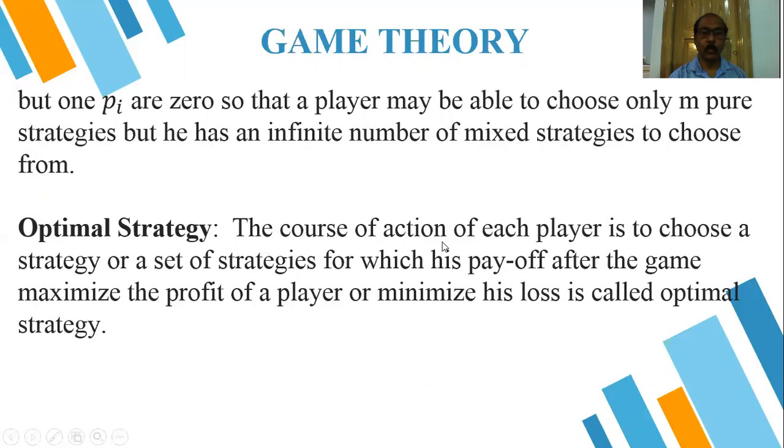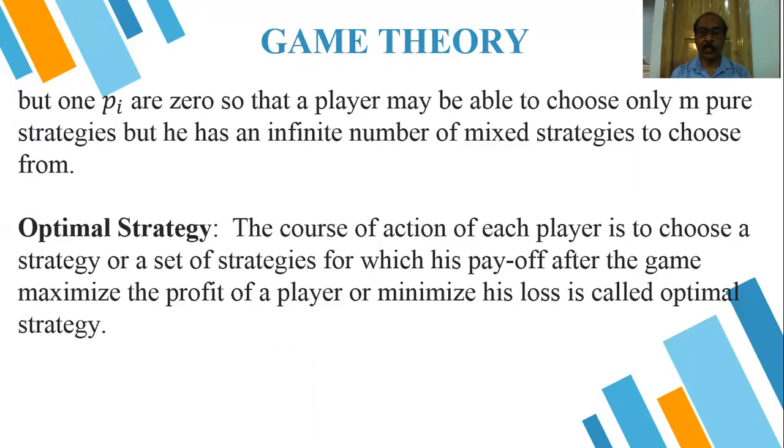Optimal strategy. The course of action of each player is to choose a strategy or a set of strategies for which each payoff after the game maximizes the profit of a player or minimizes his loss. This is called the optimum strategy. That means choosing the course of actions in such a way that after the end of the game, one player's gain is the maximum gain and another player's loss is the minimum loss.